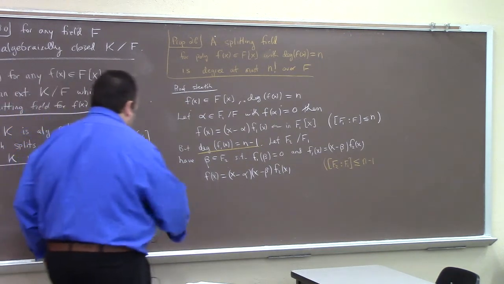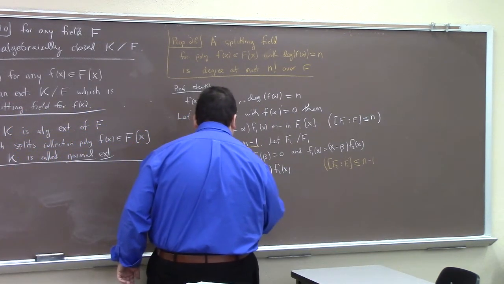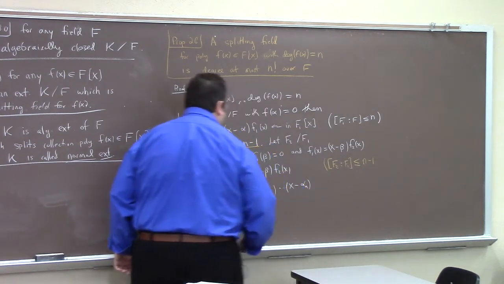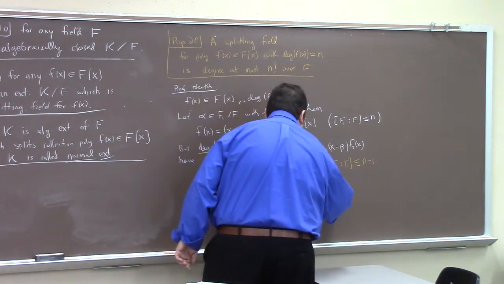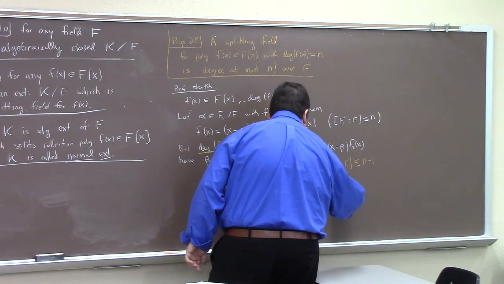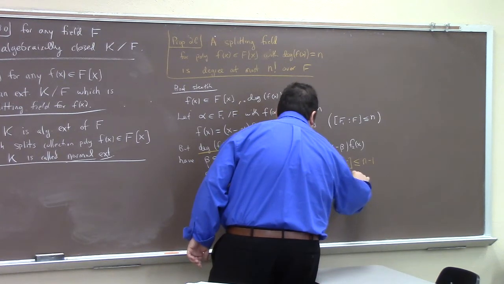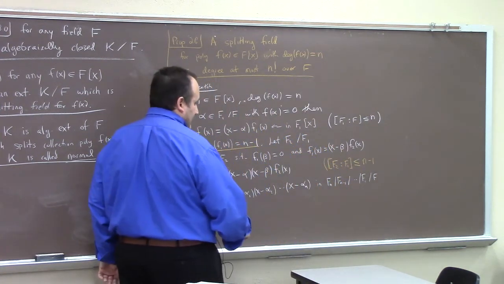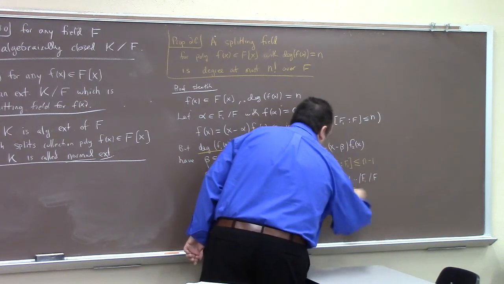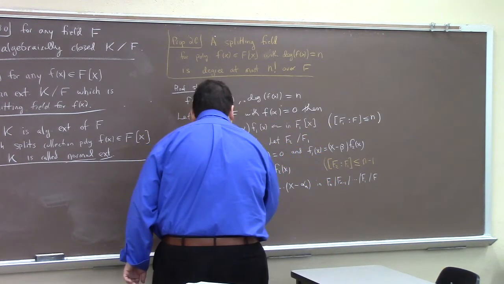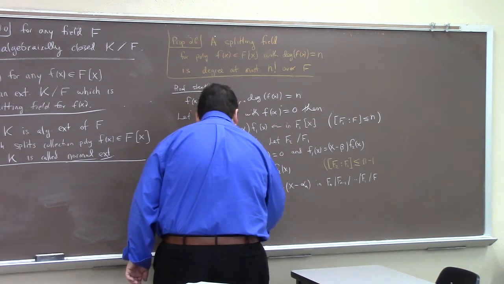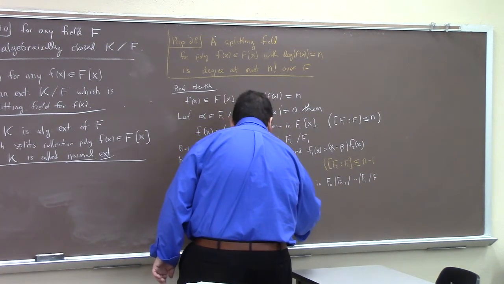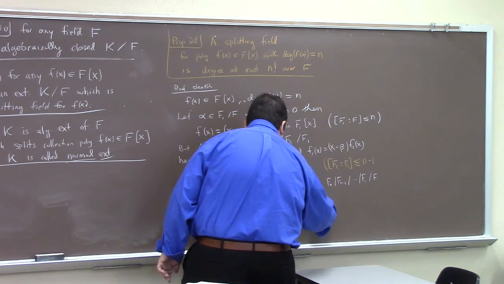So eventually you get x minus alpha 1, x minus alpha 2, through x minus alpha n, and that is in Fn, which is over Fn minus 1, which is over F1, which is over F. And the degree of Fn over F is less than or equal to n times n minus 1, times 3 times 2 times 1, otherwise known as n factorial.